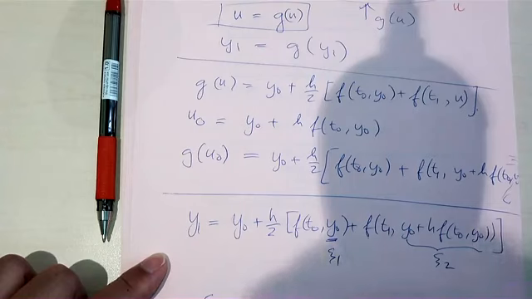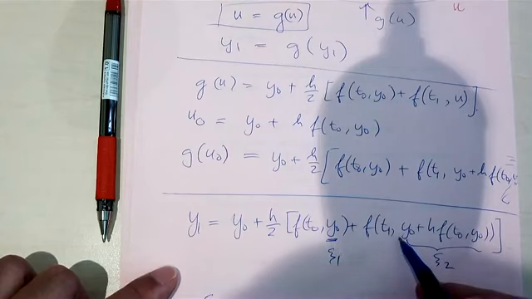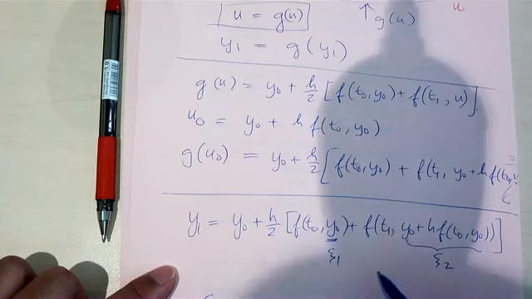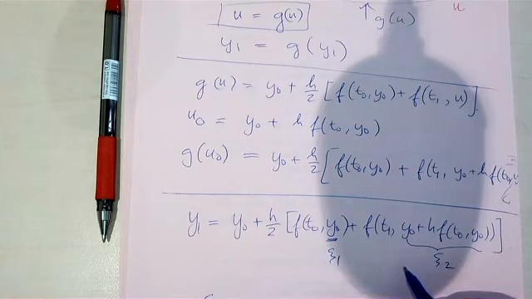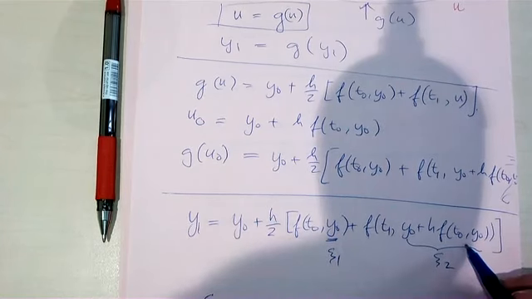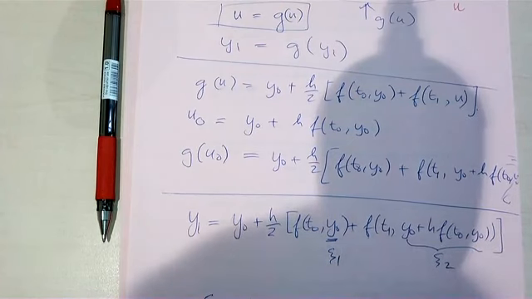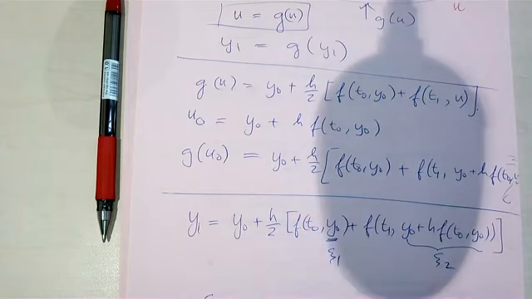Then f at t0, and this one should be t1. Instead of writing t1, I write t0 plus h.